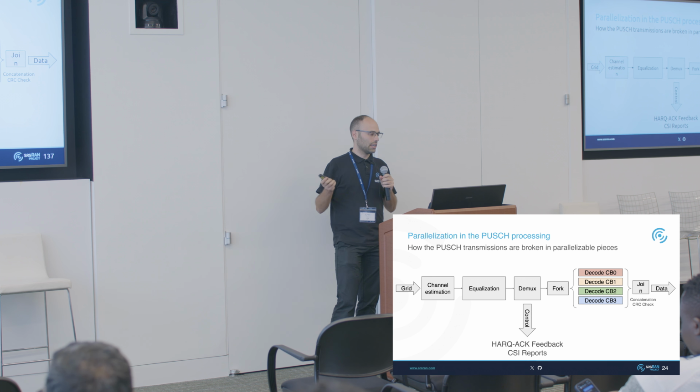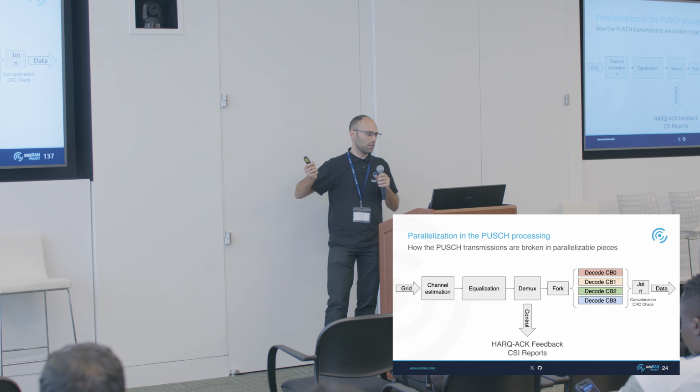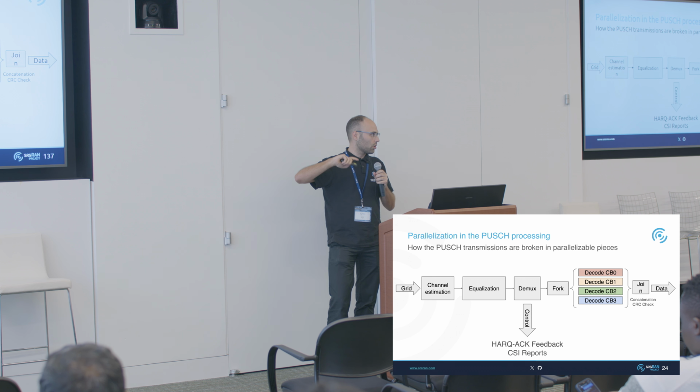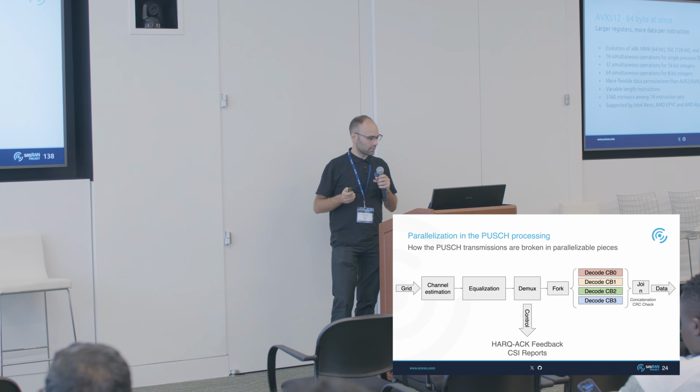The decoder is basically the LDPC de-rate matcher, the part that reverts the rate matching, the LDPC decoding, and also the code block cyclic redundancy check. Once all the code blocks are decoded, we join and send the cyclic redundancy check indication to the MAC layer.